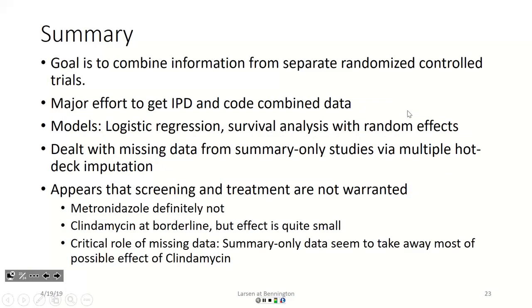Okay. So the goal was to combine information and learn something from these separate randomized trials. It was a pretty major effort to get the data and combine it. Models we've looked at, and then survival, but random effects was important to that. Missing data was a big issue, and it appears that screening and treatment are not warranted. Metronidazole, definitely not, but clindamycin is kind of at the border.